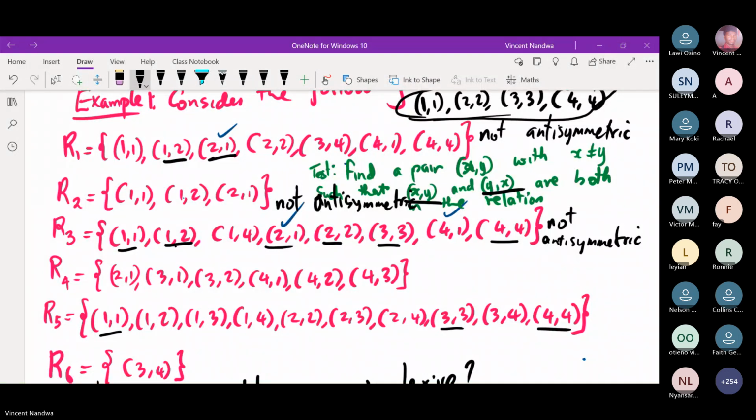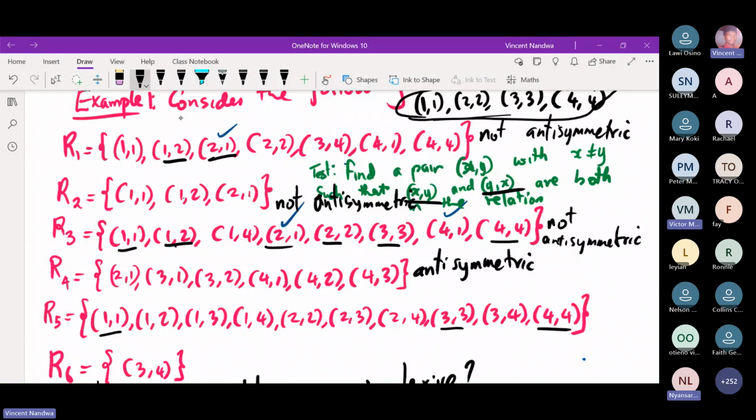Then for the case of 1, 1, there's usually no problem because x equals y. And the next element is 1, 2. Is there a 2, 1? No. So we go to the next. 1, 3. Is there a 3, 1? No. 1, 4. Is there a 4, 1?